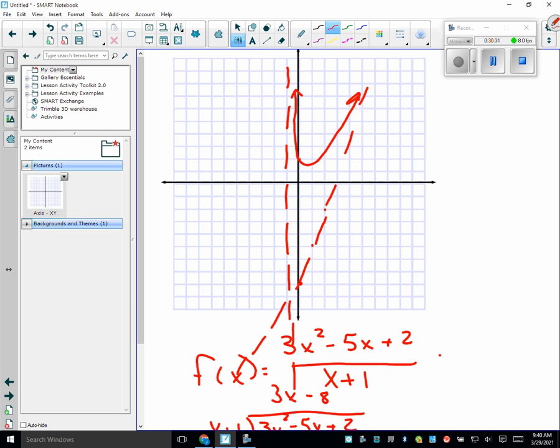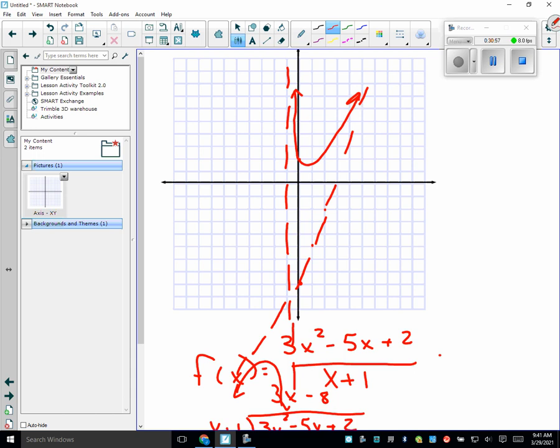I still don't see it. Okay, let's trace. Tell me when x is -2, what is y? -24. So it must be down here. You don't have to be entirely accurate with it. It's a sketch. Do you agree it's down there? Yeah. So that's all you have to give me.